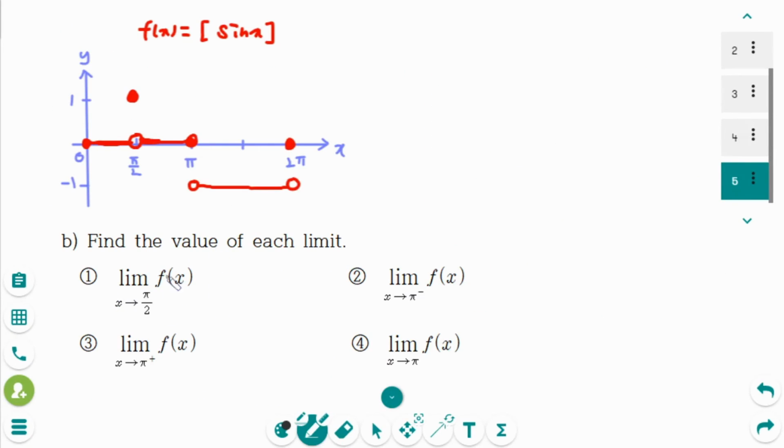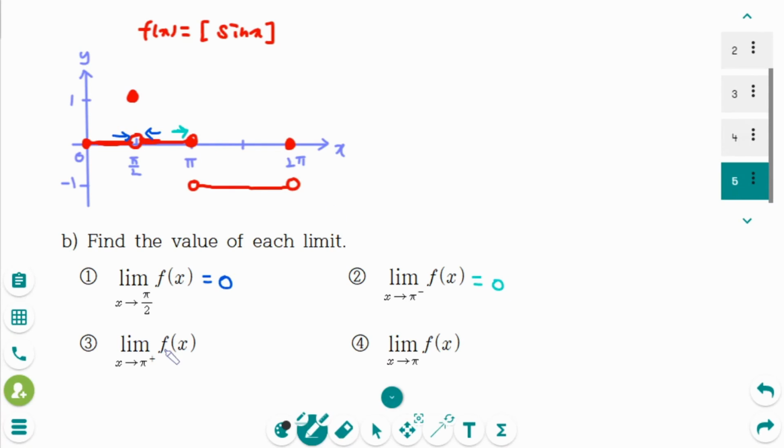Then B part number 1, limit as x approaches pi over 2, this is either side, the same answer which is 0. Number 2, limit as x approaches pi from the left side, here, which is 0.